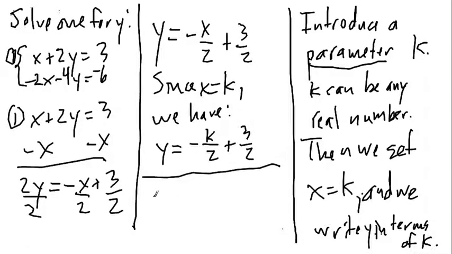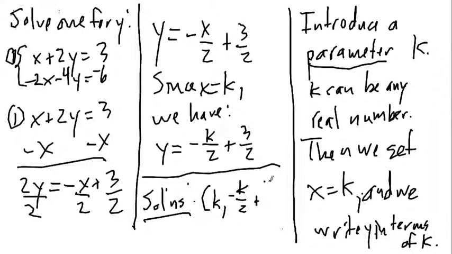This tells us that our general solutions are given by k, comma, negative k over 2 plus 3 halves, and here k is any real number. So this is our general solution.